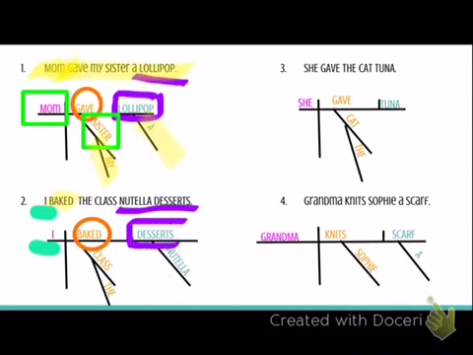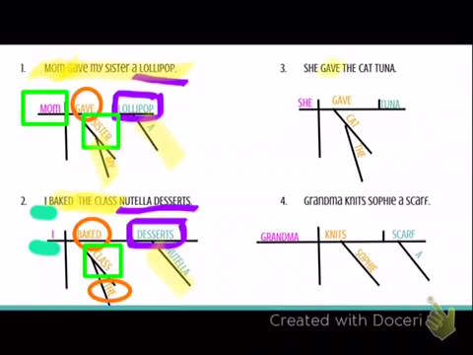Desserts is the main direct object, and Nutella will create another line because the desserts were made from Nutella. For whom were the Nutella desserts baked? The class. So class would be the main indirect object, and then we will have the in another line describing class.